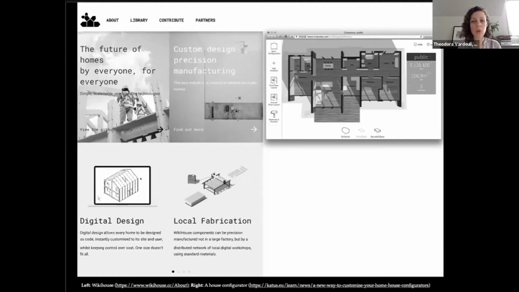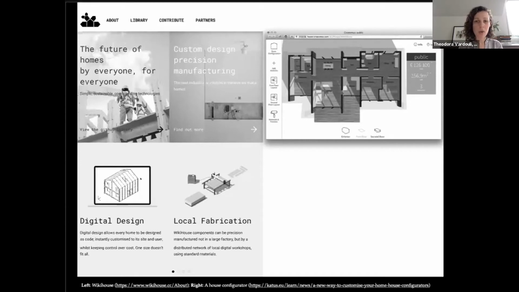In broad brush strokes, configurators are digital interfaces that prompt users to choose from menus of pre-designed components, which users, and I use the term users because we can debate that a lot, but it's a keyword that's being used in the context of user-centered design and human-centric design.